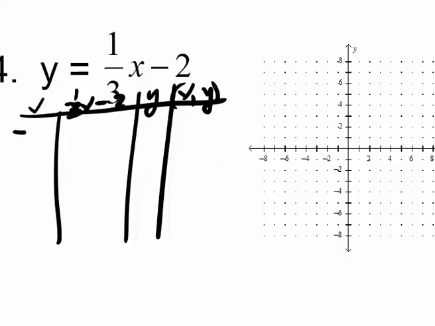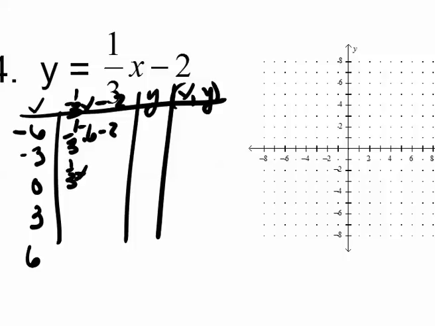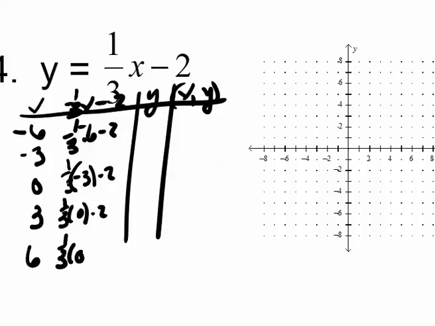So I'm going to go negative 6, negative 3, 0, 3, and 6. 1/3 times negative 6 minus 2, 1/3 times negative 3 minus 2, 1/3 times 0 minus 2, 1/3 times 3 minus 2, and 1/3 times 6 minus 2.